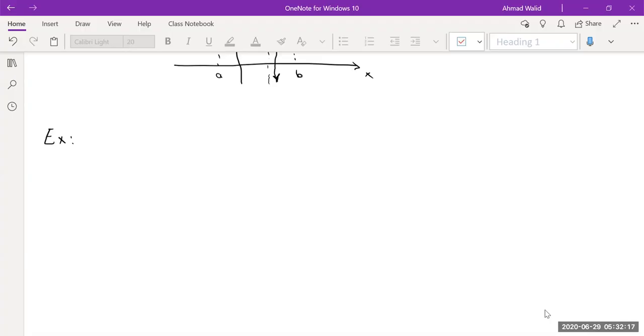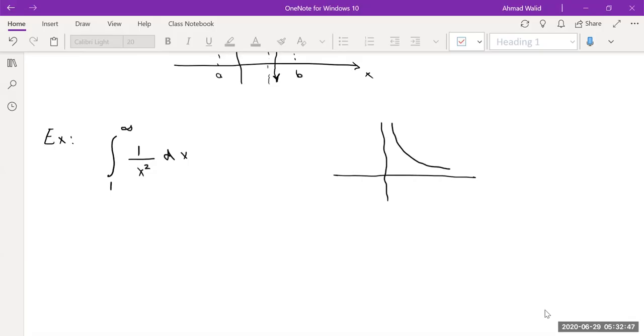For example, they are asking you to evaluate this integral: the integral from 1 to infinity of 1 over x squared dx. Correct? If you remember the graph of 1 over x squared, it is something like this.